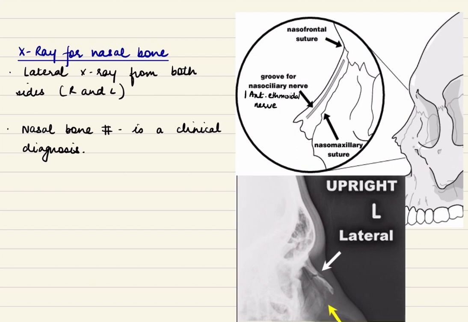The suture where the nasal bone joins the frontal bone is the nasofrontal suture, and the nasal bone and the maxilla are joined at the nasomaxillary suture. On some X-rays, you may see a faint groove anterior to the nasomaxillary suture, and this is the groove for the anterior ethmoidal nerve. Some consider this nerve to be a continuation of the nasociliary nerve also.